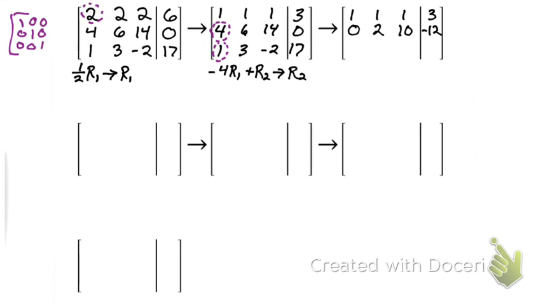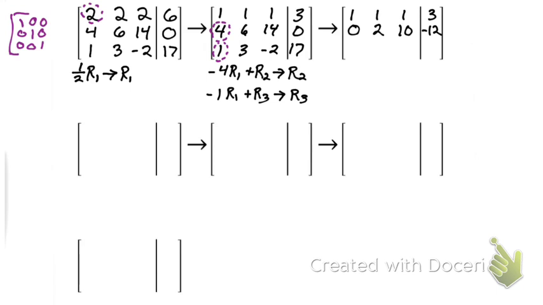All right, to get rid of that 1, I'm just going to multiply by a -1. It's its opposite. So I have -1 times row 1 plus row 3 this time, because I'm in row 3, becomes my new row 3.